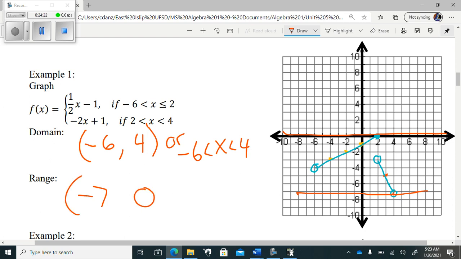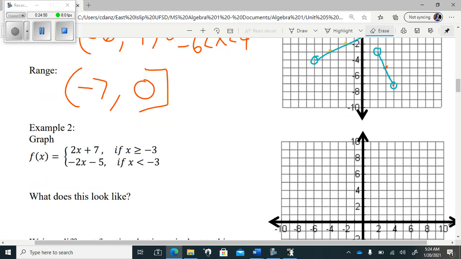It's a parenthesis at -7 because it's an open circle, but it's a bracket at 0 because it's a closed circle. So you can draw these lines on your graph to help you with domain and range. Domain are from what x value to what x value, and range from what y value to what y value.